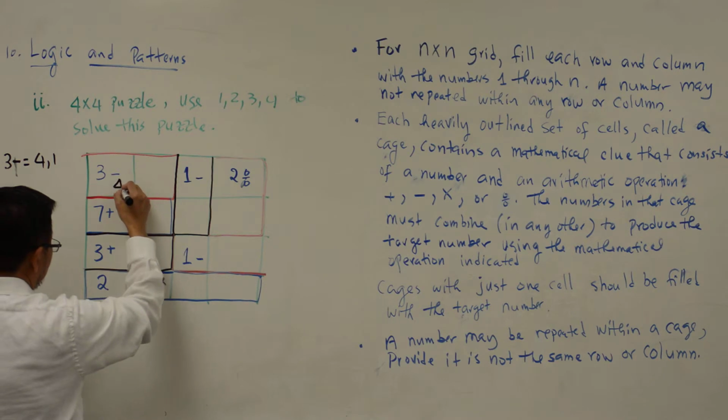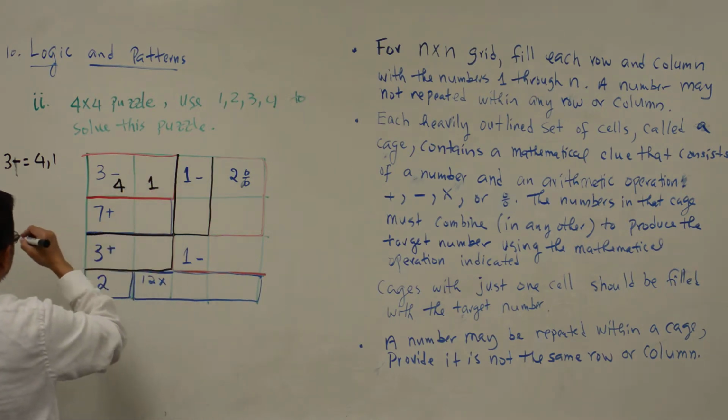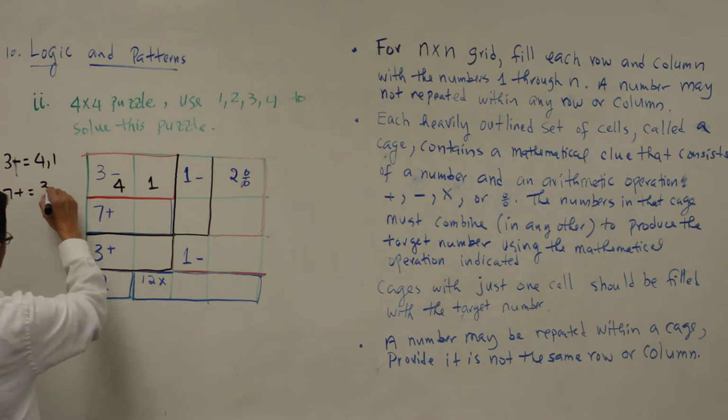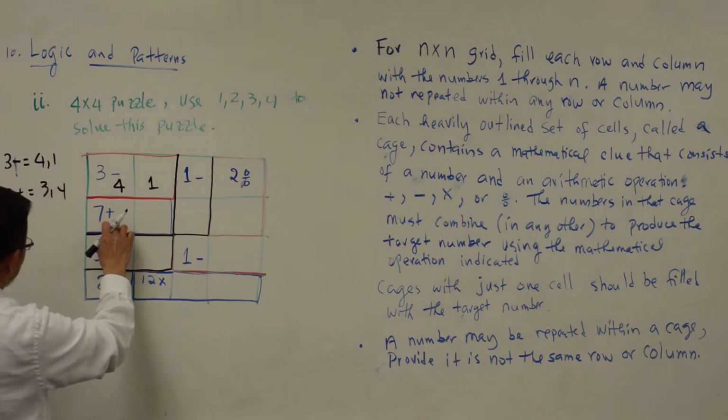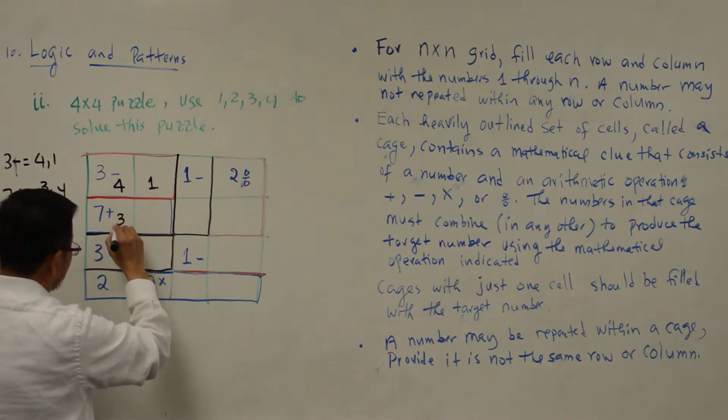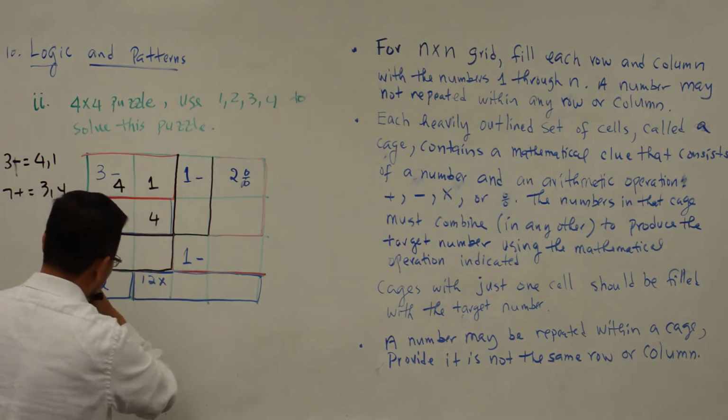That's just an example. 4 and 1. Let's look at 7, operation plus. 7 can be 3 and 4. So put 3 and 4 here. Well, we cannot use 4 here. We can use only 3, then this must be 4.